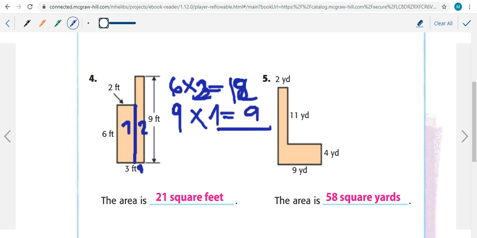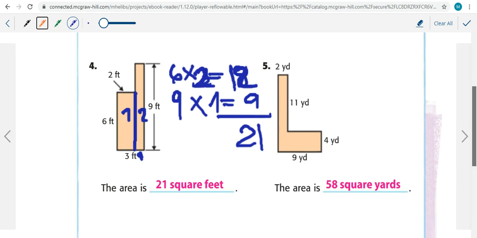I'm so sorry, you guys. This should be 12. I'm so sorry. 6 times 2 is 12, and 9 times 1 is 9. That's why the answer is 21. Okay? So sorry about this.